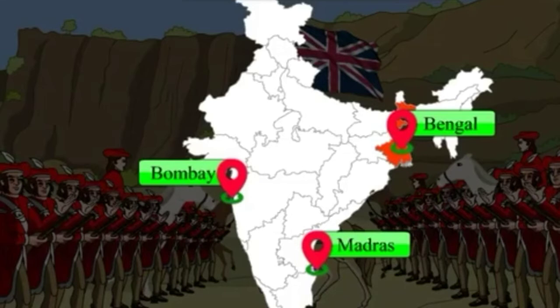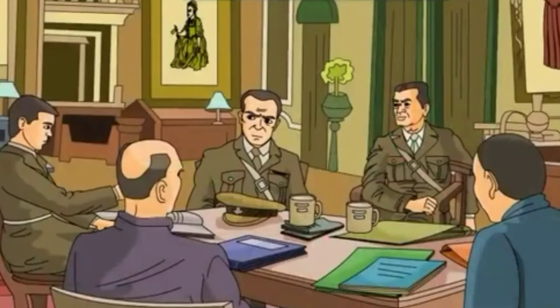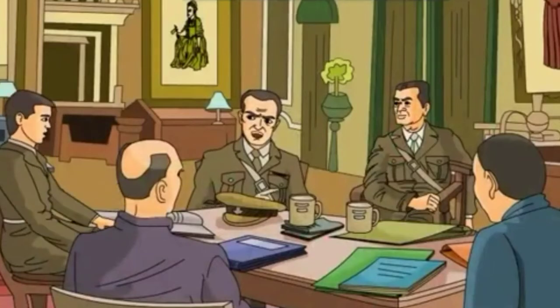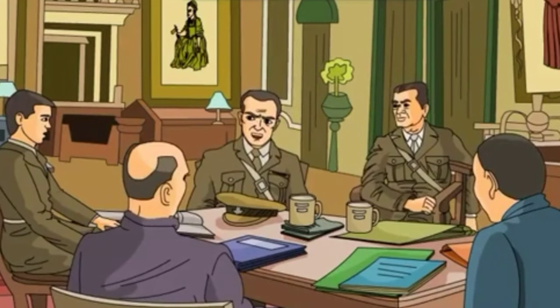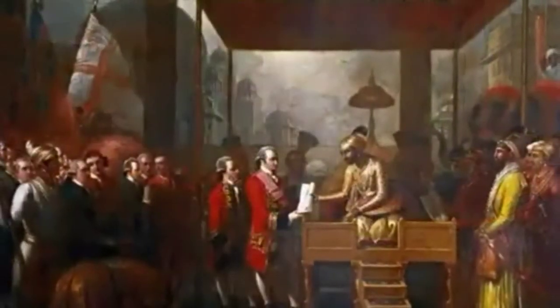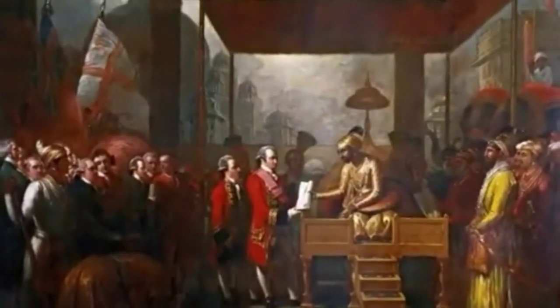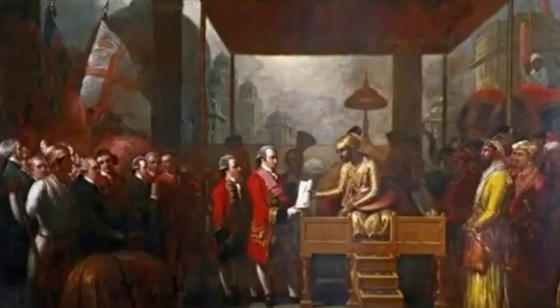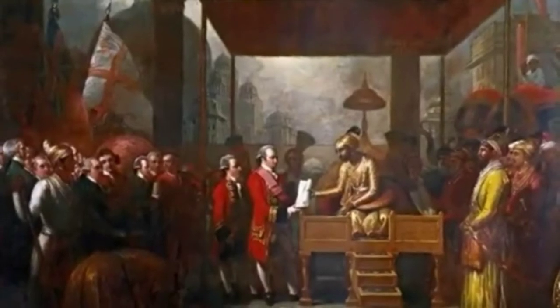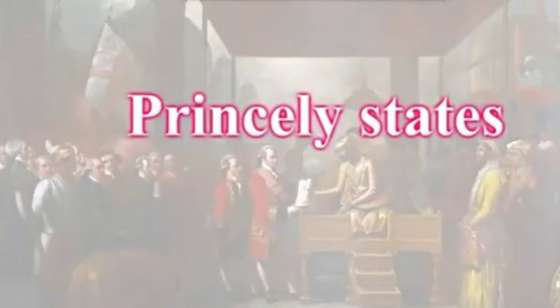The administration in these provinces was carried out by people's representatives. Similarly, the local princes were carrying out the administration in some areas. Such areas were known as princely states, and their chiefs were known as princes.